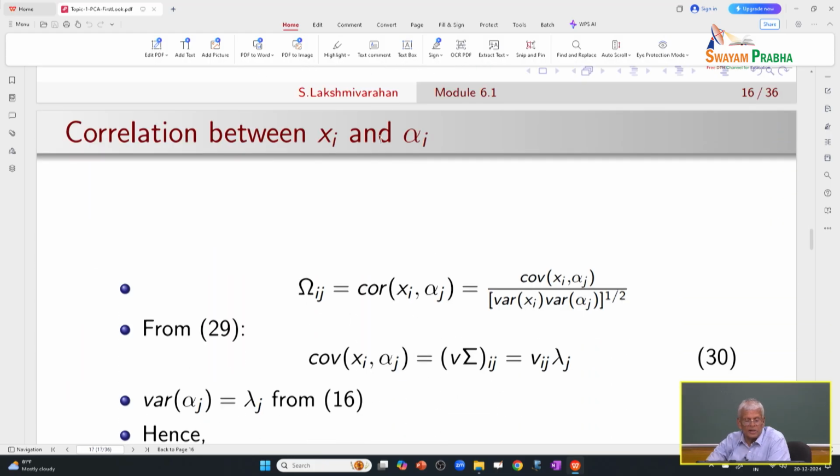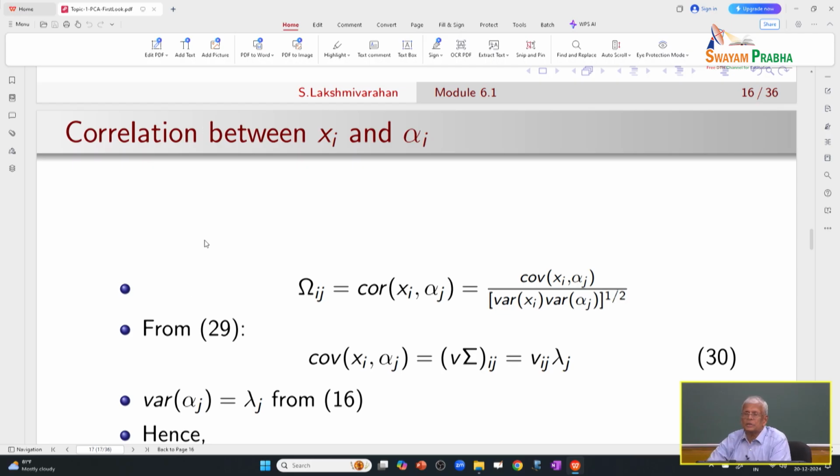So the correlation between Xi and alpha j, let me call it rho ij, is equal to covariance between Xi and alpha j divided by the square root of the product of variance of Xi and variance of alpha j. With me?